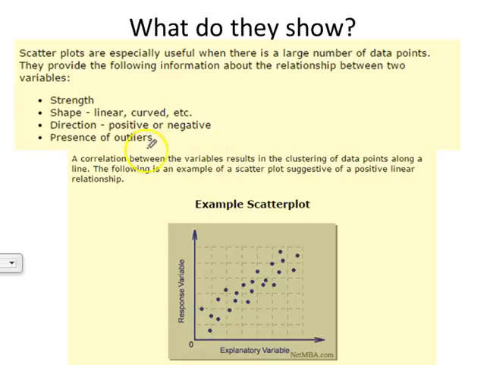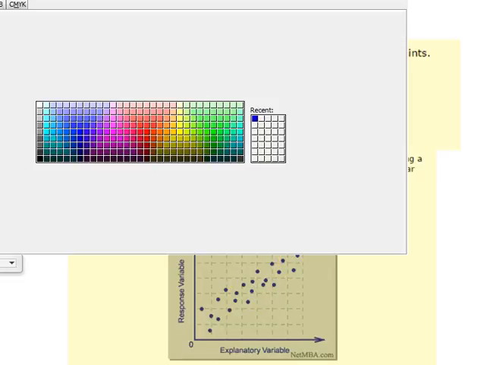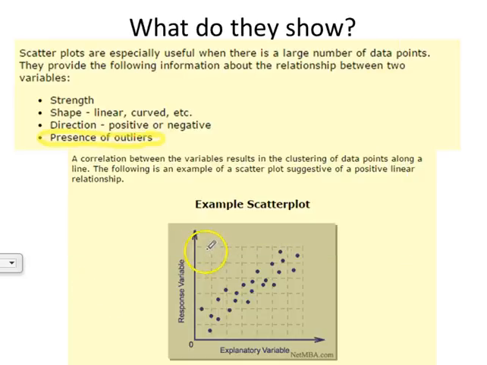And we can see really if there's any outliers. So in this example of a scatter plot, it doesn't look like there's any outliers. An outlier might look like if there's a point up here or over here that's not closely located next to all the other data points.